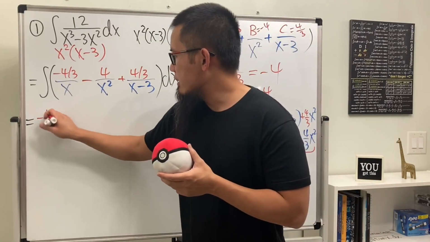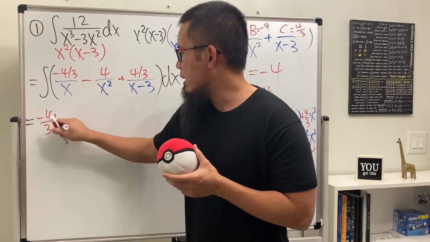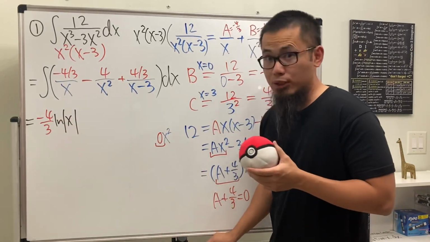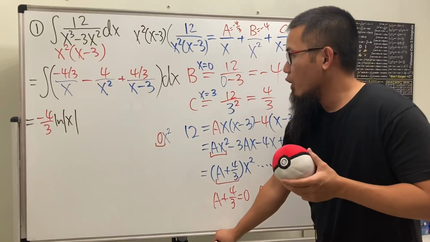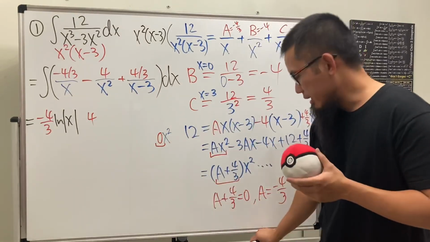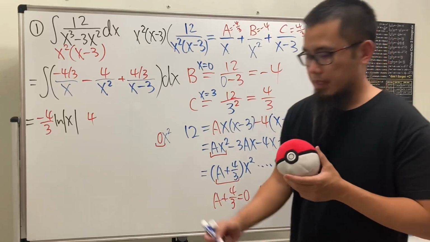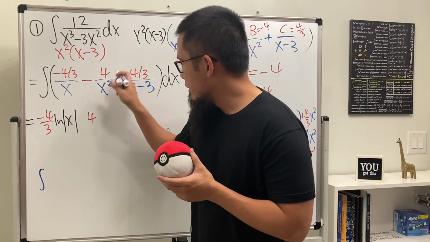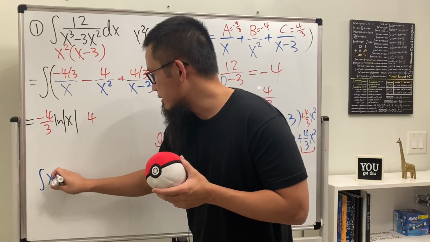First guy, negative 4 over 3 ln absolute value of x. Next guy, well, let me remind you guys this real quick. We do have a constant multiple 4 right here, so we can put that down. But I will remind you guys the integral of the 1 over x squared, which is going to be x to the negative 2.